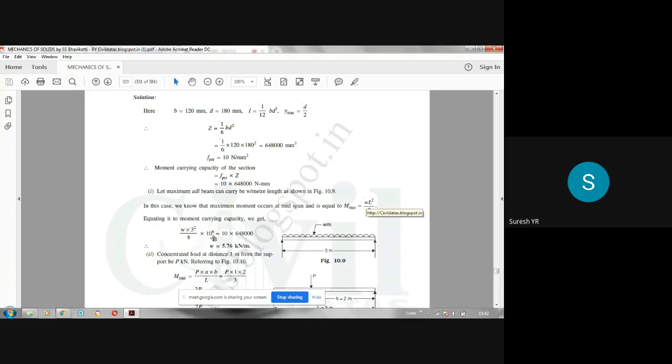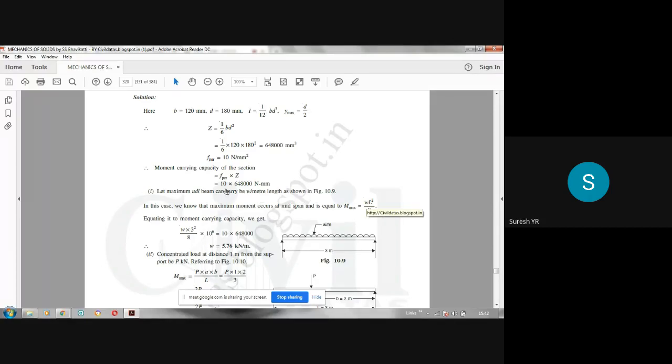Into 10 power 6, he has taken that here because this value is in Newton millimeter. Otherwise you can do one thing: let us calculate everything in Newton and millimeter. That is very important.